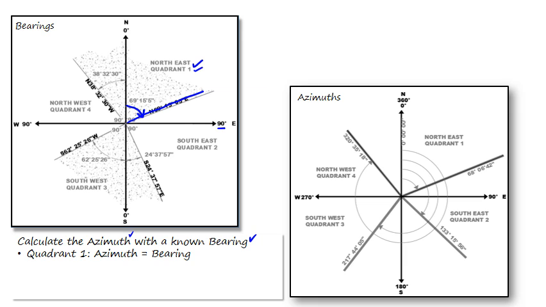It's in the first quadrant, but the azimuth, this angle, is exactly the same as what the bearing values are listed as. So the azimuth and the bearing are the same. In the second quadrant, I'm actually coming off of the south line, and I've got a south 24 degrees east.